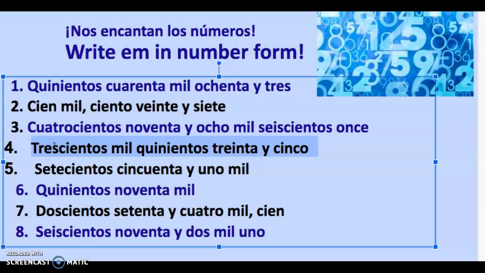Number 4, 300,535. Number 5, 751,000. Number 6, 590,000. Number 7, 274,100. And the last one I made tricky, 692,001.